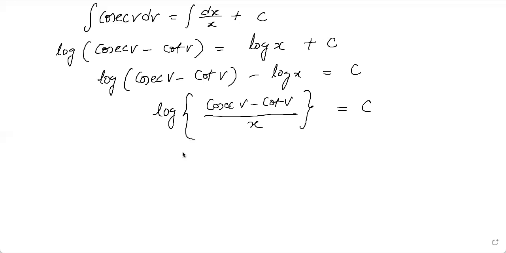If you remove the log, you can write this as 1 by x into cosecant v minus cot v, which is constant.